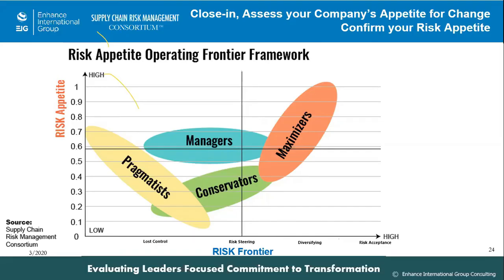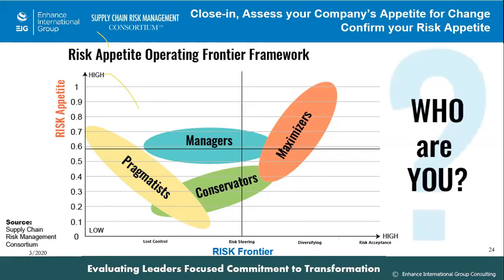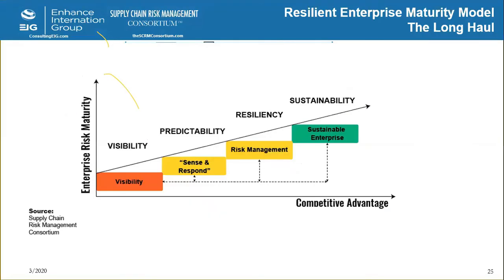The question of who are you from a company, culture, risk appetite point of view. Again, remember, there's no right or wrong answer, but it does answer the question on the right-hand side of the slide, and that is, who are you? All right? Good. All right, that's our first of 3 slides. The next slide.